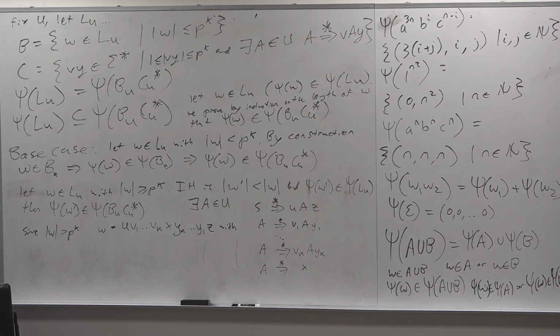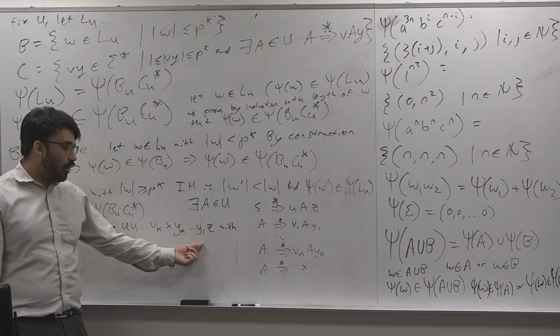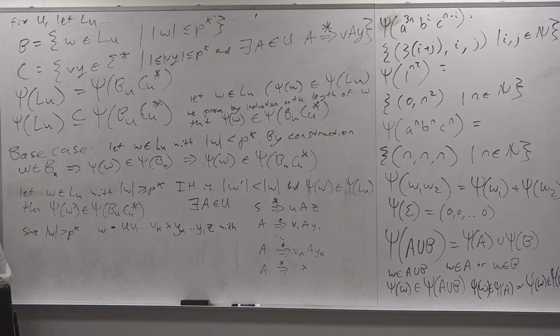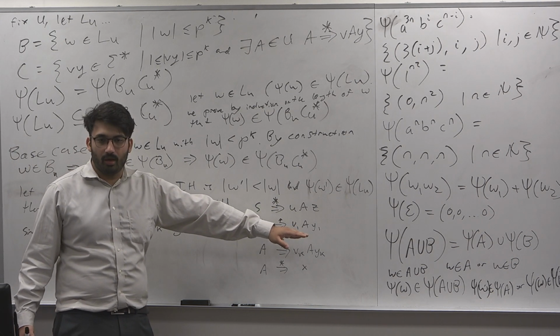So, if X is this long, we can apply the generalized pumping lemma that we have, and we can see that we could break W up into all these pieces. Fine. But we can then pump down. If we pump down, what I mean by pump down is just forget to apply some specific A goes to VI, AY, right?